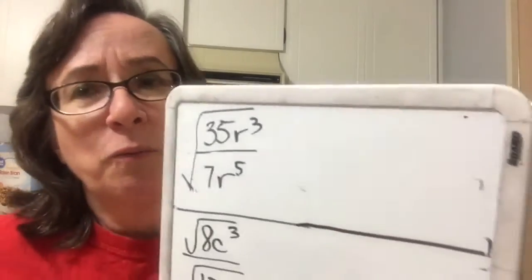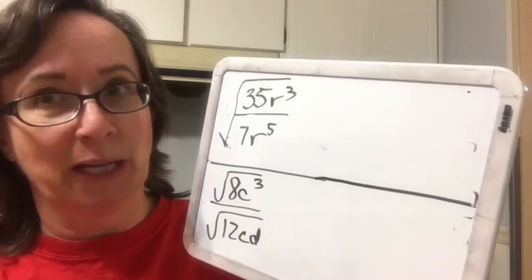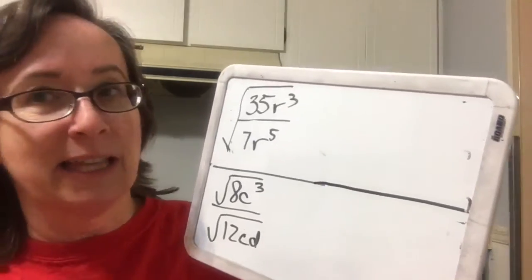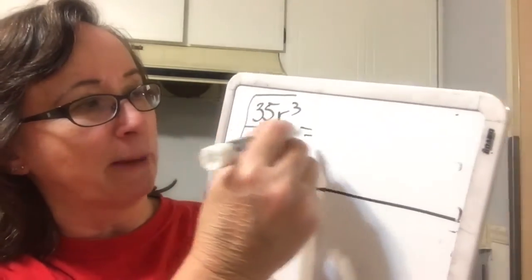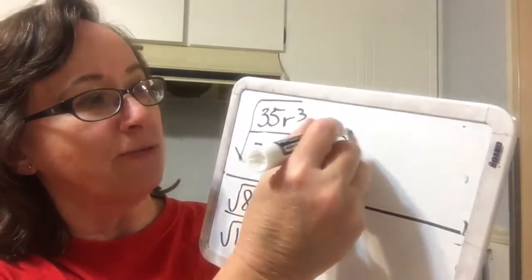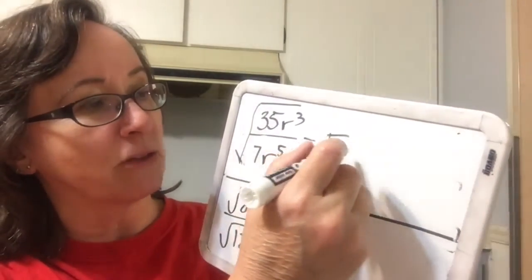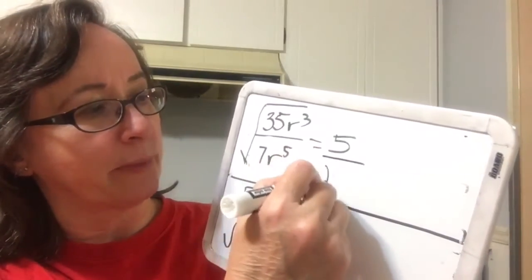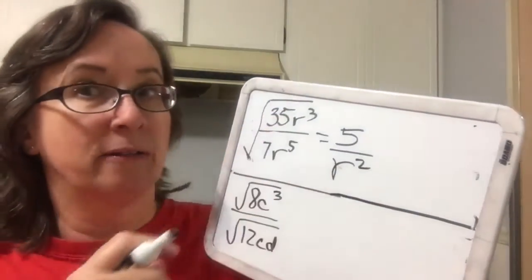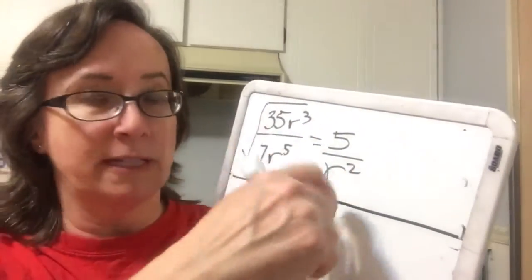And again, whether you do this on paper, whether you do this in your mind, doesn't really matter. The fact is that you put these together. So we've got 35 divided by 7 is 5, and r cubed divided by r to the 5th is going to wind up with an r squared on the bottom. We wind up with a 3 minus 5, negative 2, and r to the negative 2 goes downstairs.